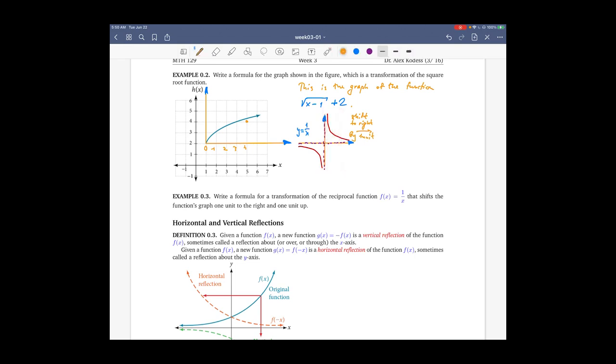So let me draw a new set of coordinate axes. The new vertical asymptote will be at 1.